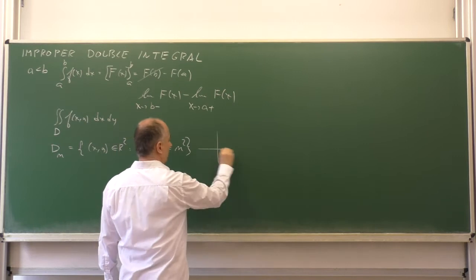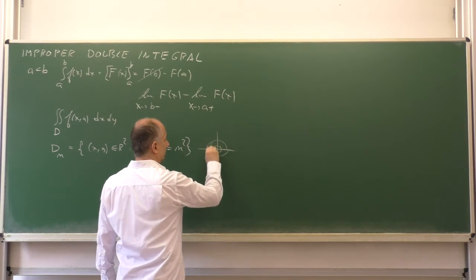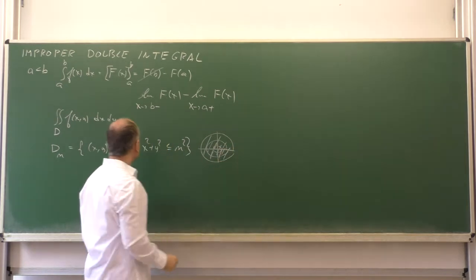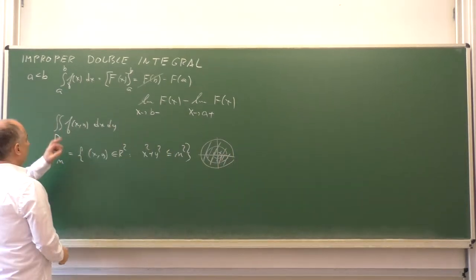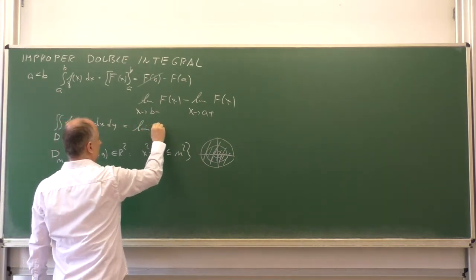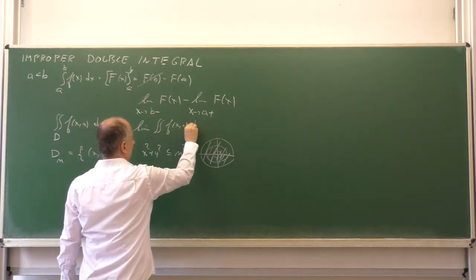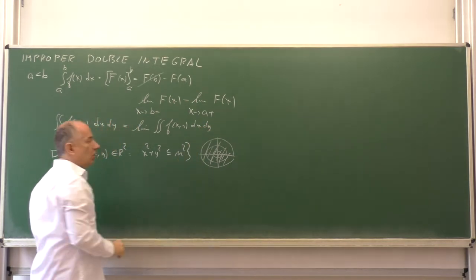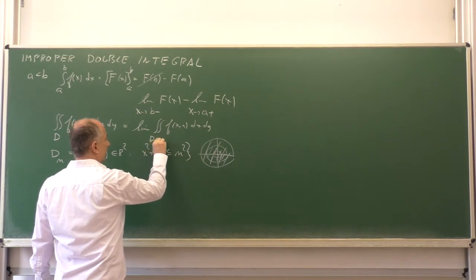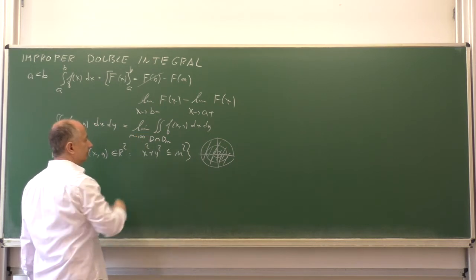So for n equal to 1, this is the unit disk. For n equal to 2, it looks like that. For n equal to 3, the larger disk, and so on. And then we can define this integral as the limit of the double integral of the function f(x, y) dx dy over the set which is the intersection of D with the nth disk, and the limit for n going to infinity.